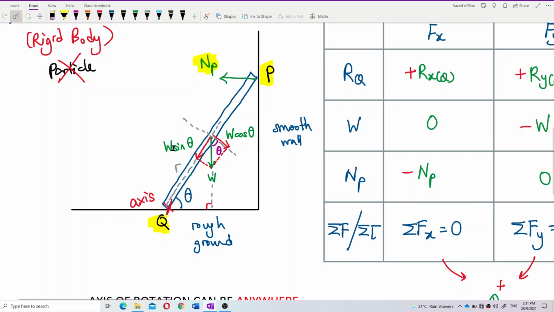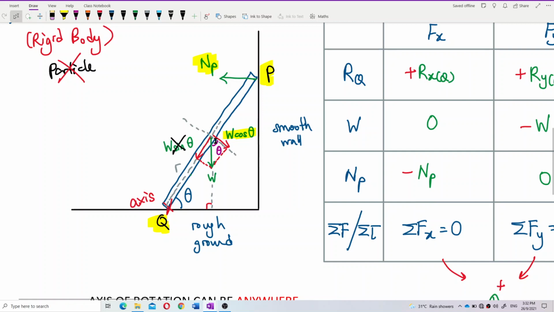However, this W sine theta is parallel to the distance, so it cannot produce any torque. It cannot rotate the object. The only thing that can rotate the object is W cos theta.